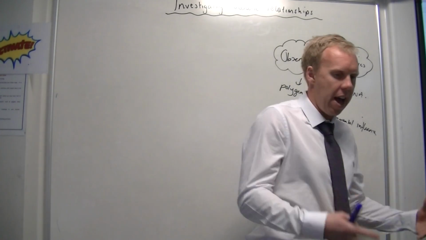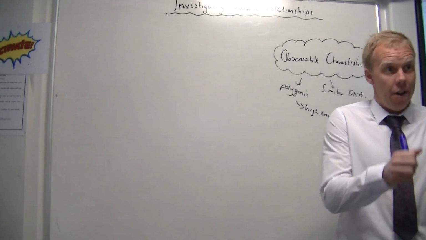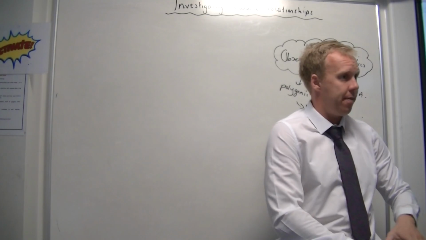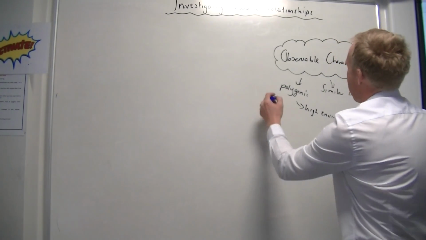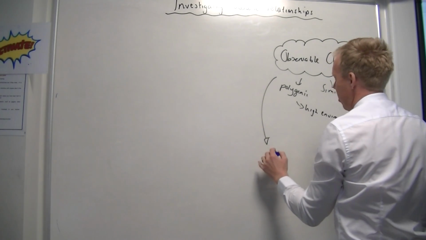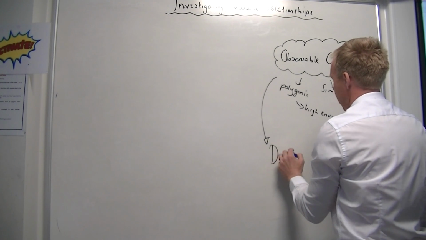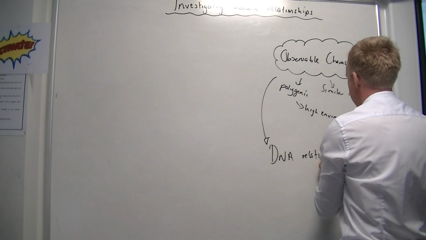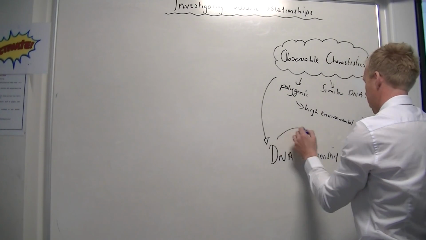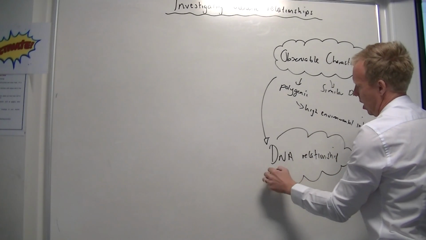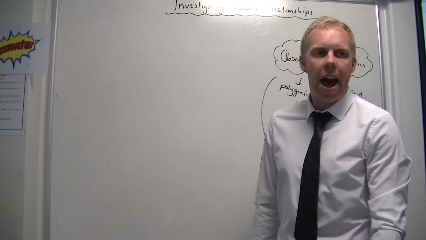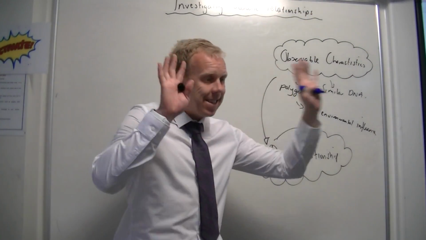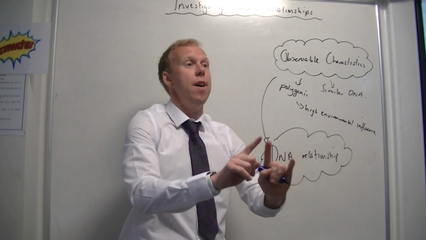So as science has evolved and our knowledge has evolved and we've started to be able to study DNA at its base level, we have now moved on to actually study relationships in the DNA. Okay? So we actually take genes from separate species and compare them.